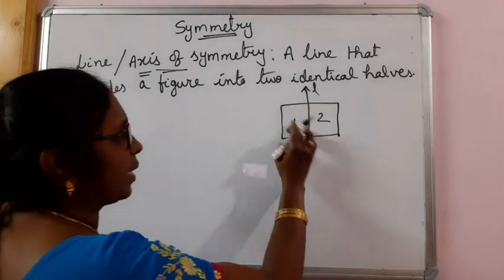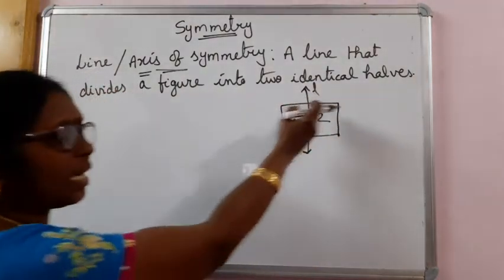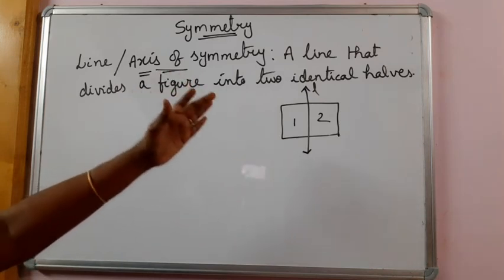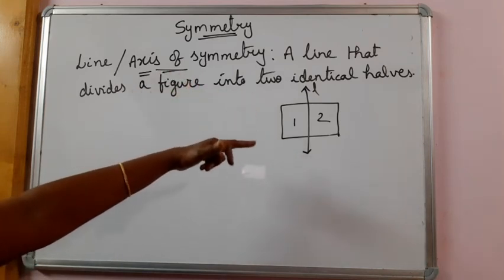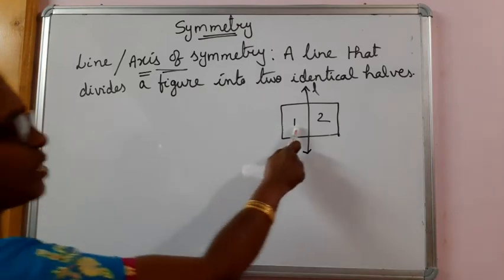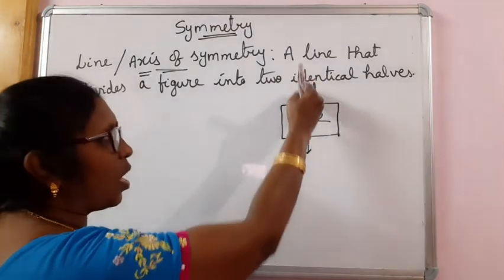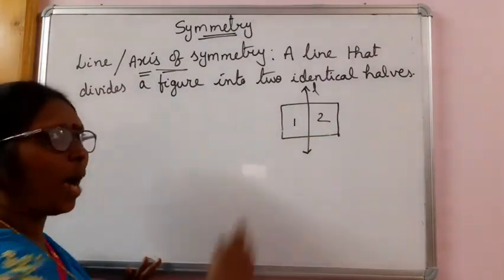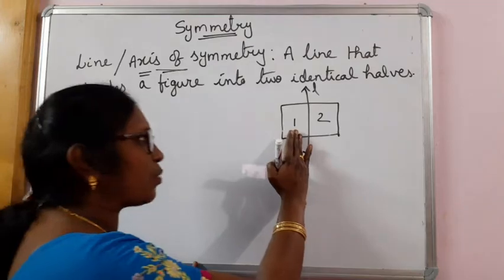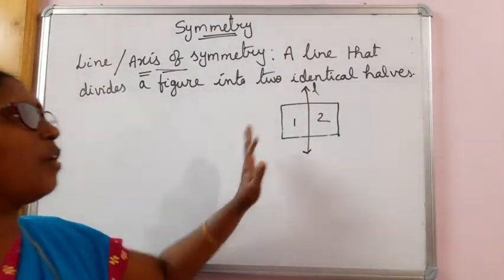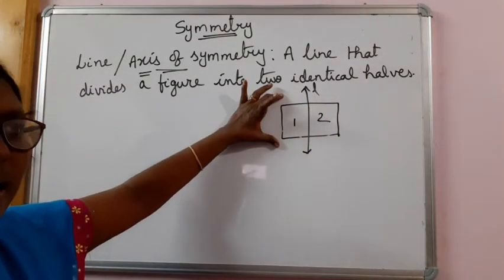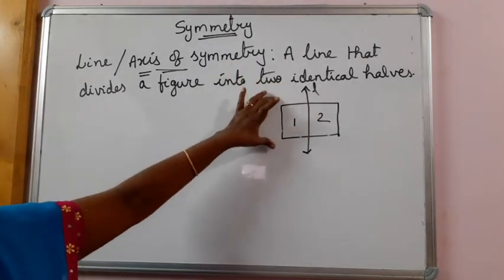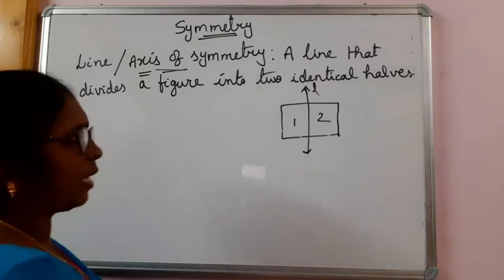The first part is the mirror image of the second part, and the second part is the mirror image of the first part. So these types of figures are said to exhibit reflection symmetry, because this line divides this rectangle into two identical halves, and as one is the mirror image of the other, we can say that this rectangle has reflection symmetry.